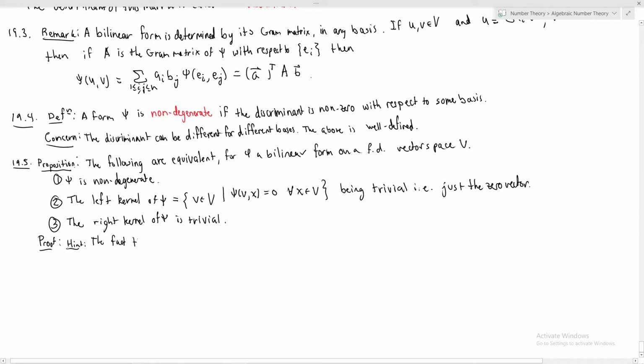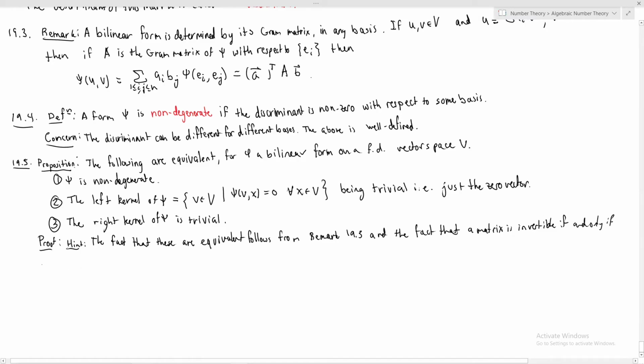The fact that these are equivalent follows from remark 19.3, and the fact that a matrix is invertible if and only if it has, well, if you're using the first things you learn in linear algebra, trivial null space, trivial kernel.